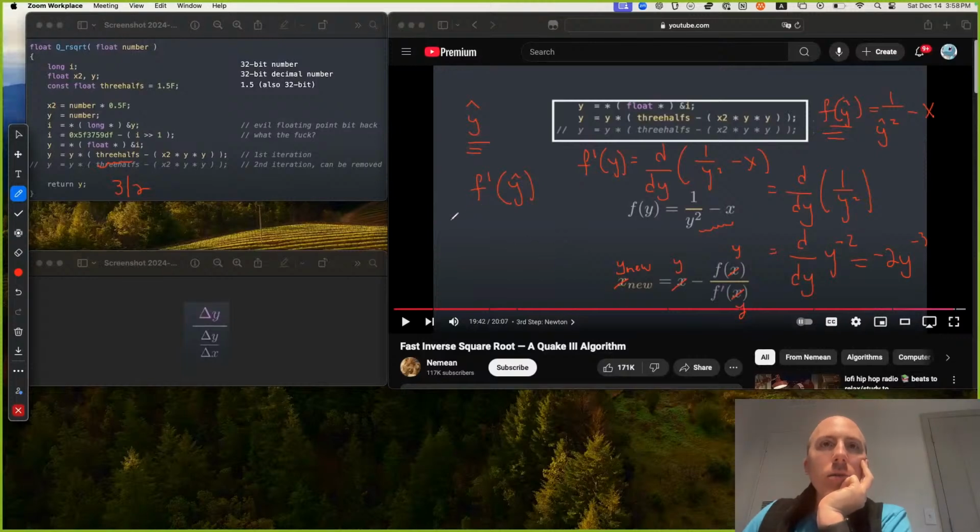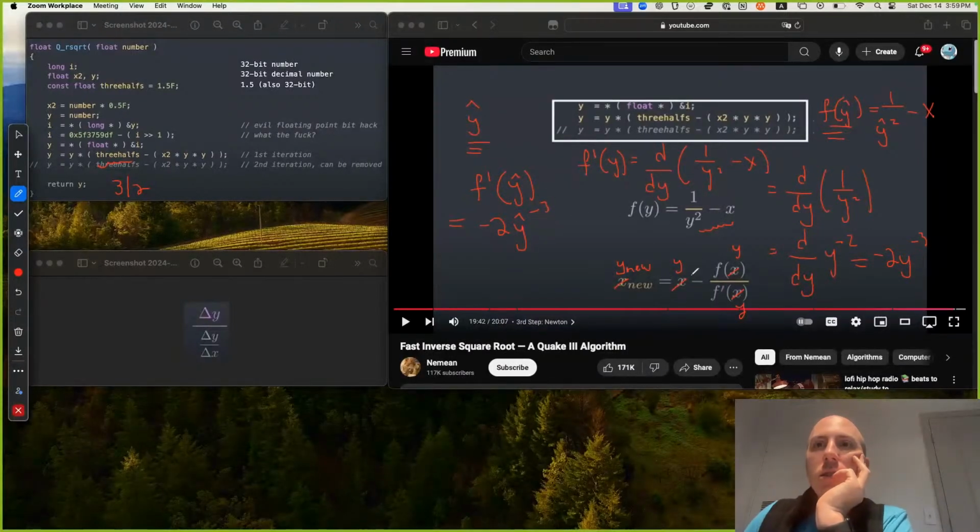So then we have f prime of y hat is equal to negative 2 times y hat to the negative 3. I think that's where this, it's almost a 2/3 thing, but I'm not quite seeing it yet.